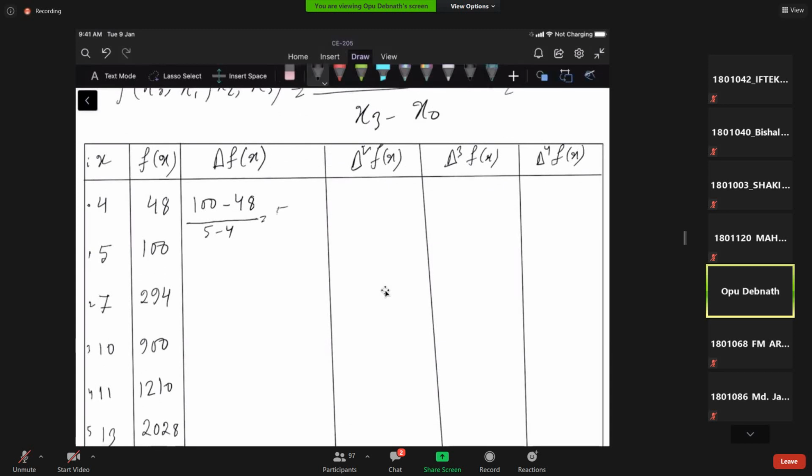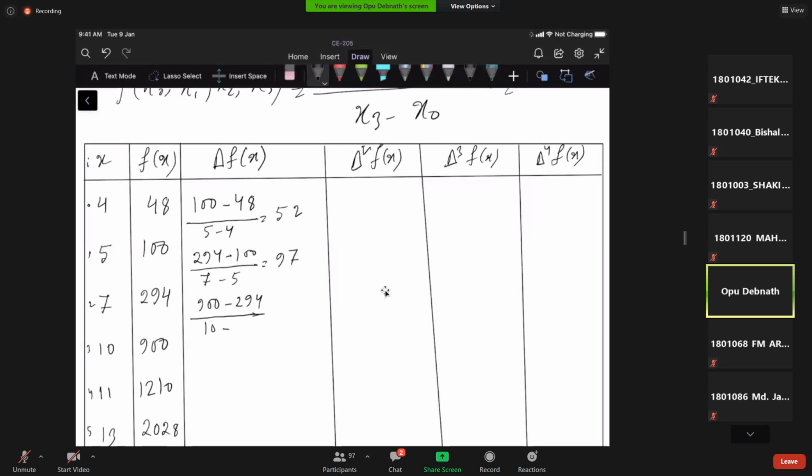That is 52. Next one, 294 minus 100 divided by 7 minus 5. This yields 97. Next one, 900 minus 294.